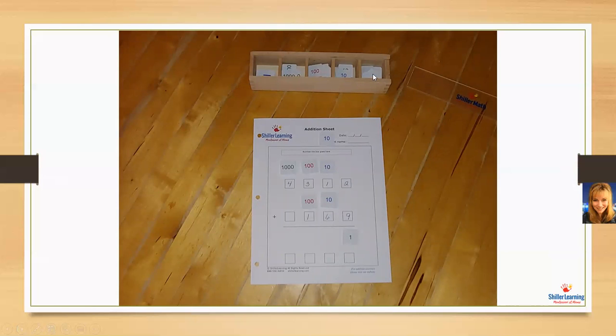So I place those 10 ones into the number tile box. And just like we'll do abstractly with pencil and paper, we're going to place that 10 above the tens column.